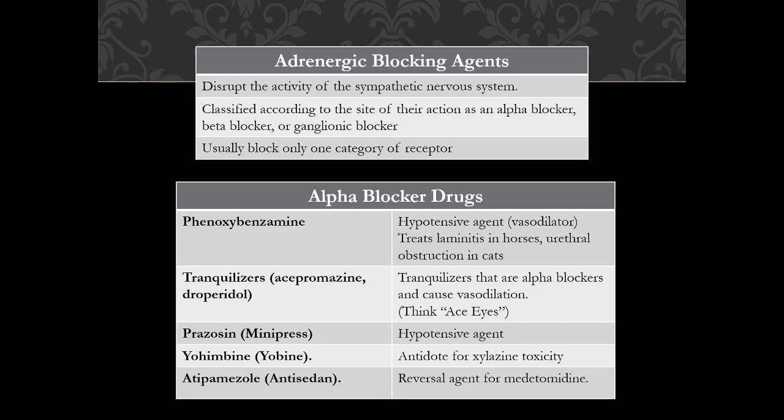That's vasodilation, so it's an alpha blocker causing vasodilation. Prazosin, called Minipress, is a hypotensive agent. Yohimbine is an antidote for xylazine toxicity. Atipamezole, or Antisedan, is a reversal agent for medetomidine. So these alpha blockers are also antidotes.